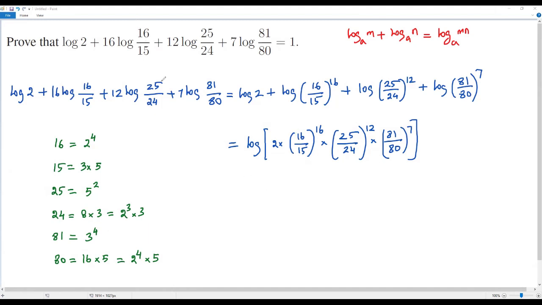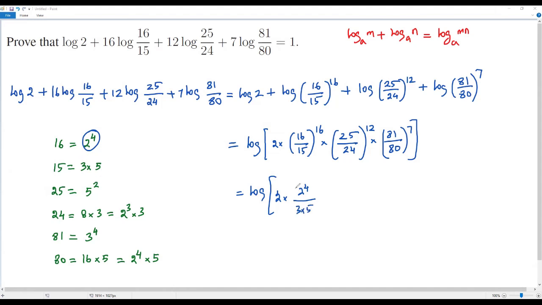Now what we can do is, let me write the stuff over here. Log of, actually this is a prime number, we can keep it as it is. Now we can replace the 16 by 2 to the fourth power, and this 15 can be replaced by the product of their prime factors, that is 3 times 5. Let me write it.